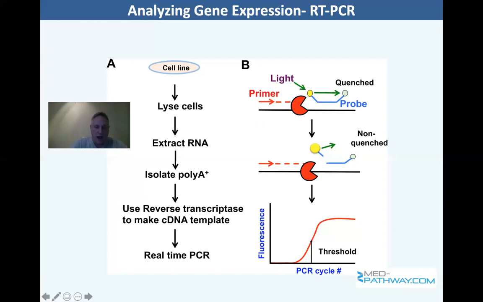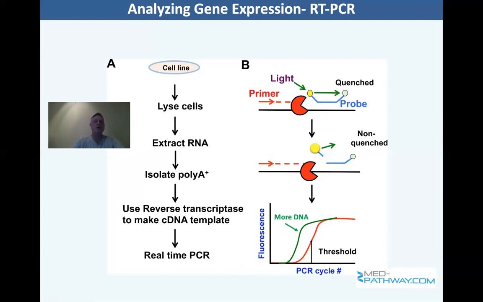And so the more PCR cycles that you go to, the less input DNA you had in the beginning. What you see here is a green one that reaches threshold at an earlier cycle number. That means there was more DNA to start with.